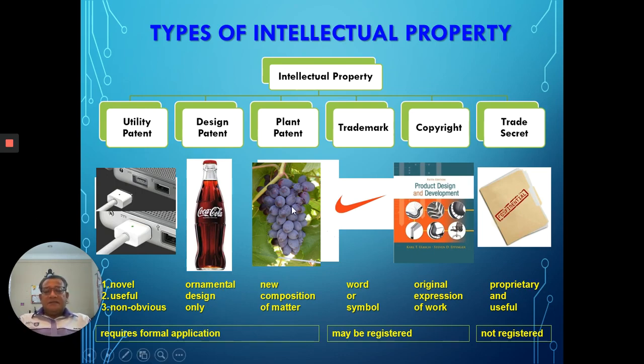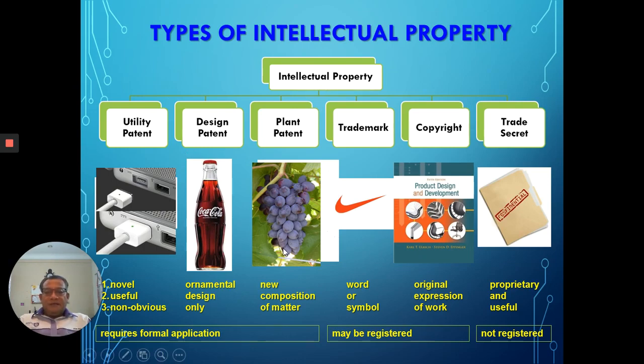The next intellectual property category, the third one, is a plant patent. You know that plants can be genetically patented because in these modern days, many plants are genetically engineered in the form of the final product, its color, its production output, like this grape.